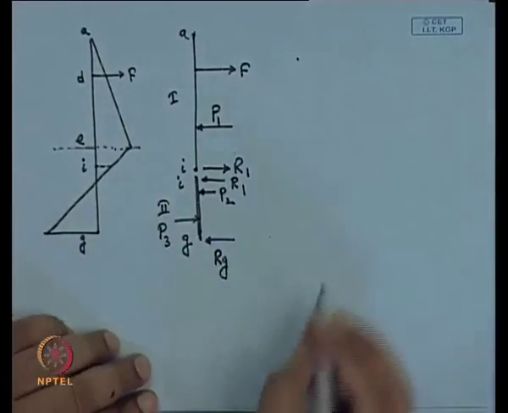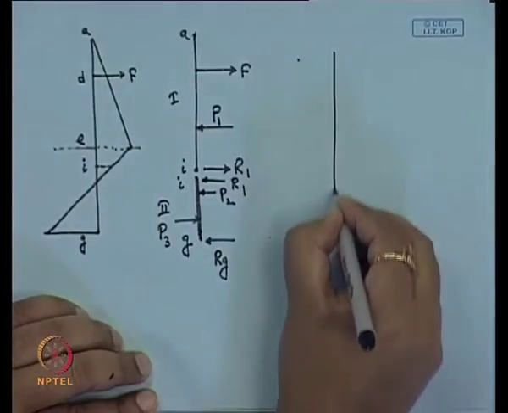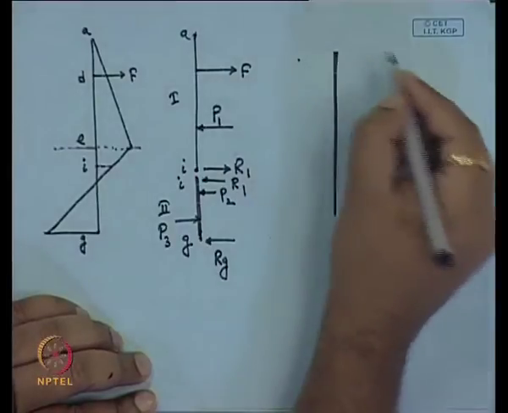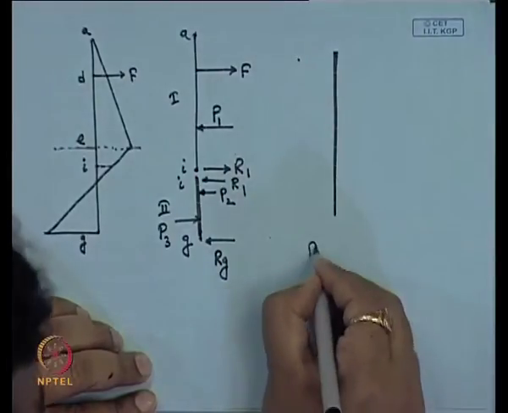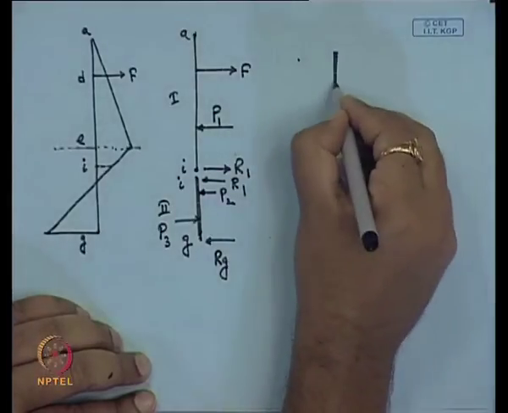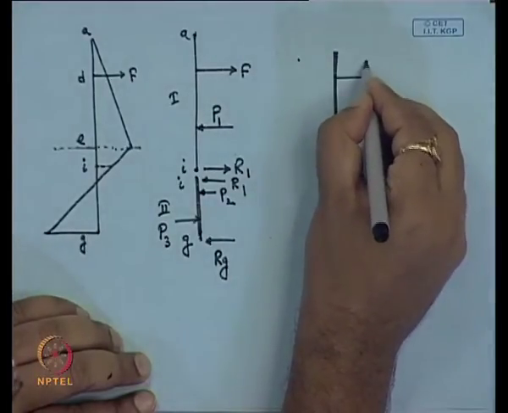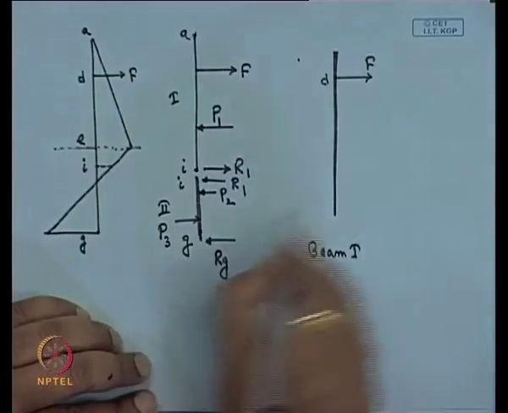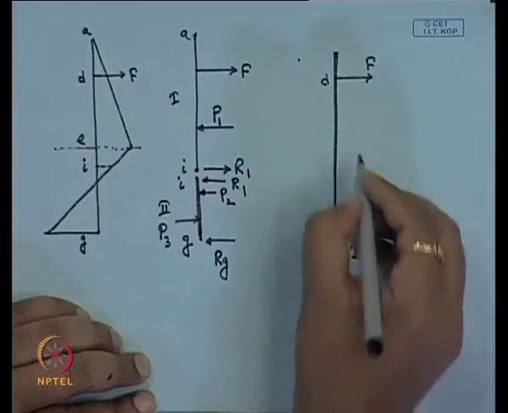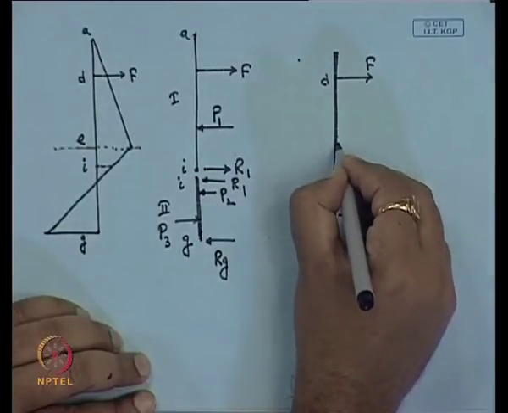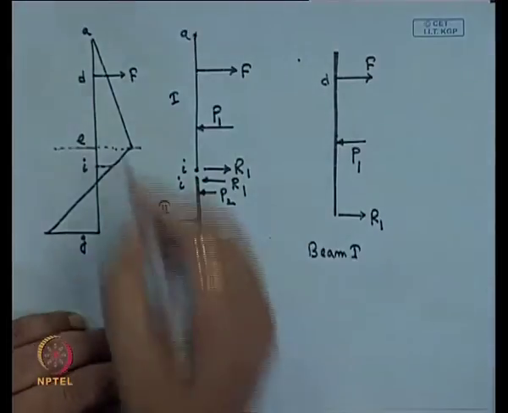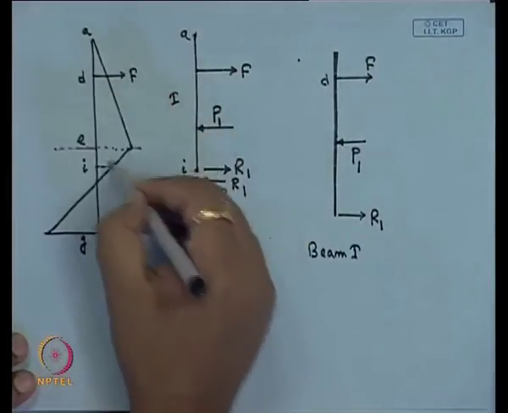If I take beam 1 separately, what are the forces? One force is F acting at the D level, then this reaction R1 will act, and this force P1 will act, the force due to earth pressure.